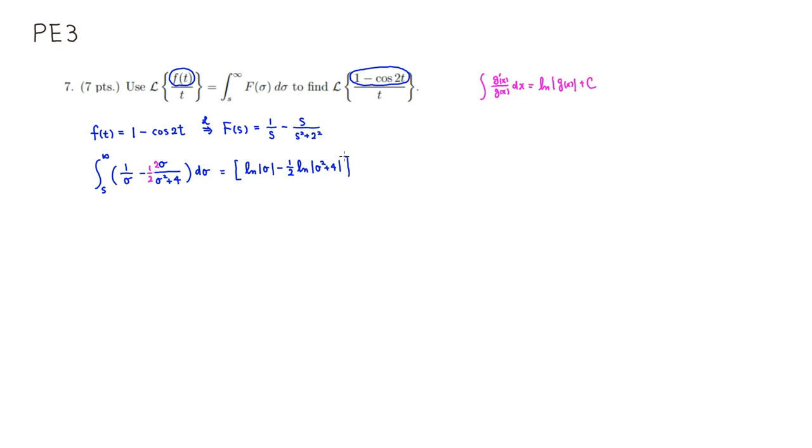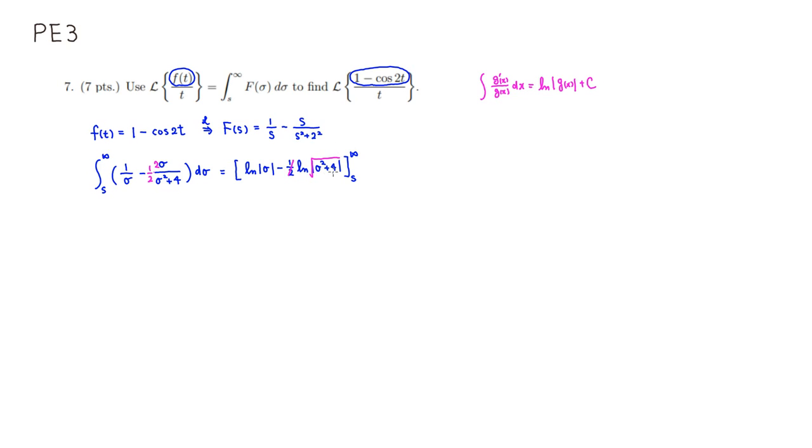This is going from s to infinity. Now I'm going to use a log property. I'll move the 1/2 in front into the exponent, and a 1/2 power is equivalent to a square root, so I put the square root right here.